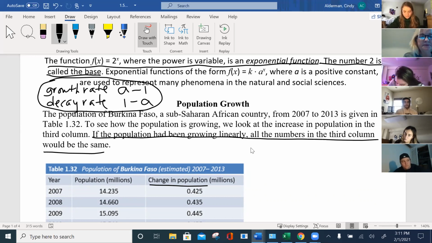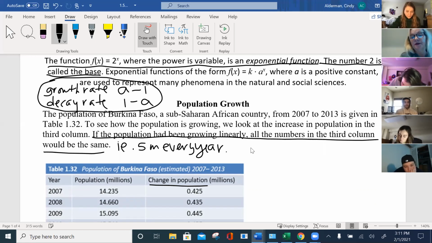For example, let's say 0.5 million every year. So we know it's not linear, right, because the change in values are not constant. So although I should have written this ahead of time, I'm going to write this because this is important.